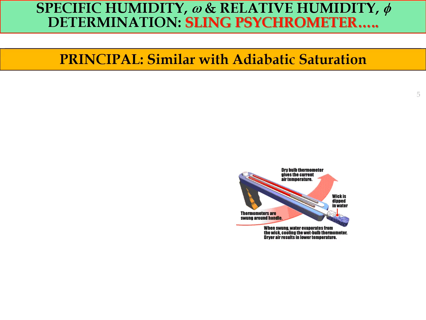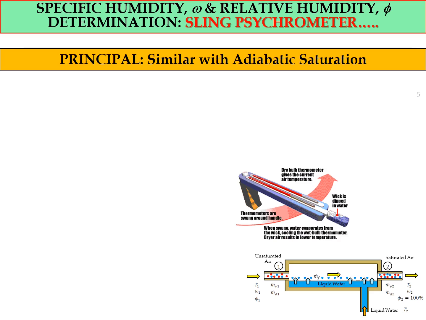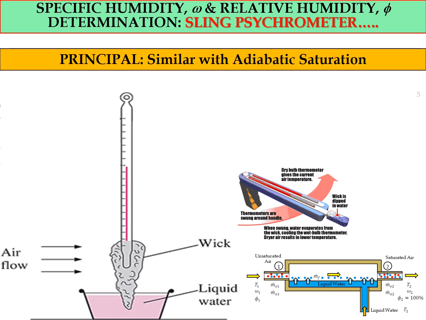In terms of principle, the sling psychrometer is similar to the adiabatic saturation process. The figure shows the adiabatic saturation process that we already discussed before. If we compare it with the wet bulb thermometer, we have airflow, and the air we consider as unsaturated air flows through the wet cotton wick.